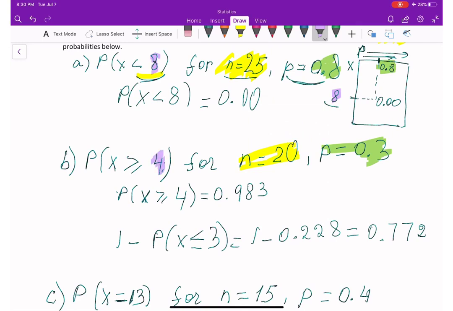Pay attention. The table shows the case when x is less than or equal to a value, not greater than.